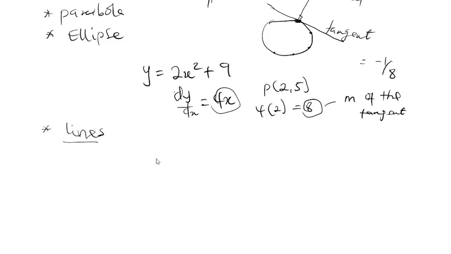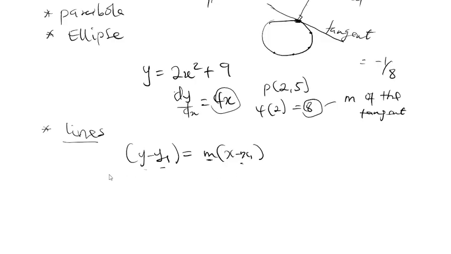So how do we find the equation of a given line? We use y minus y1 equals m times x minus x1. Now this m here is the gradient of that particular line. Then we have x1, y1, that will form the point that is being given at that particular point, right?